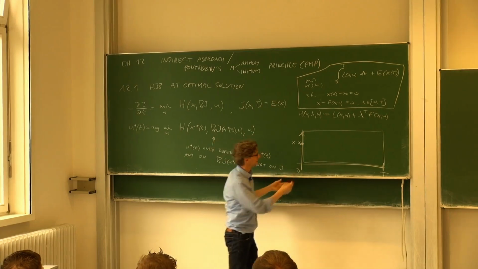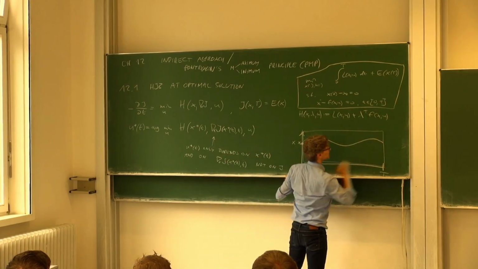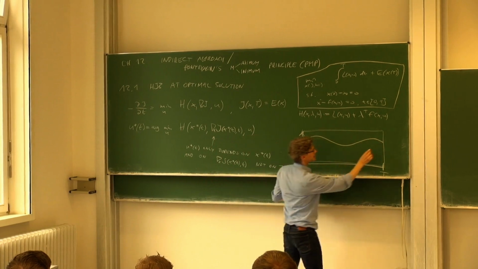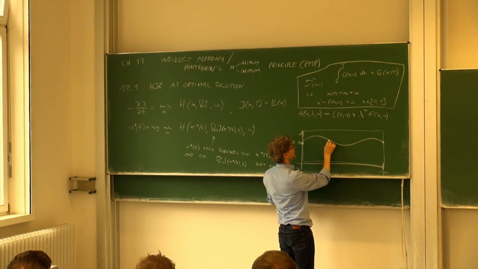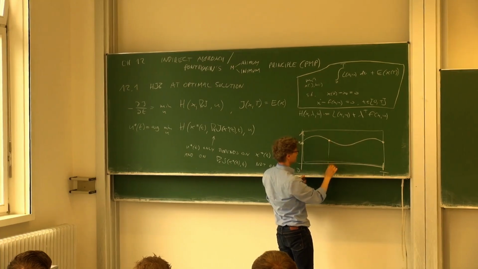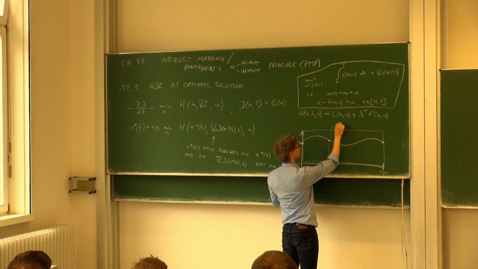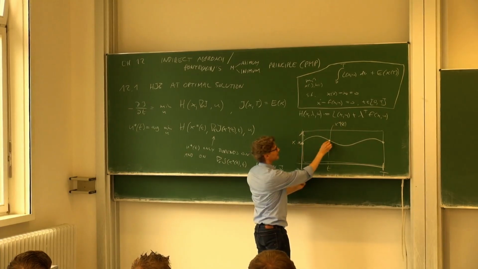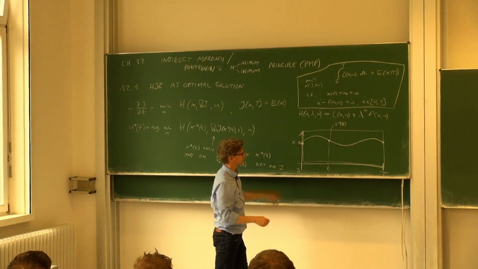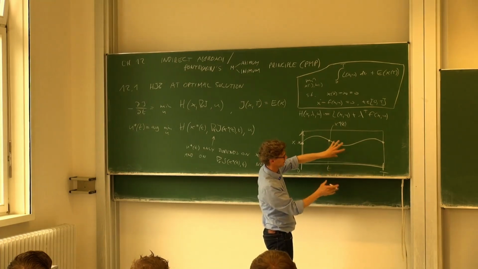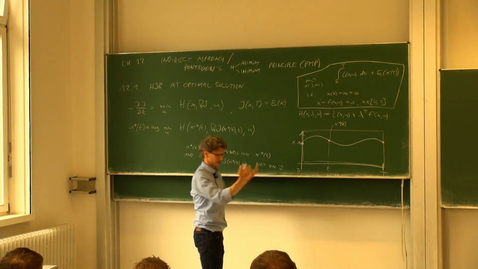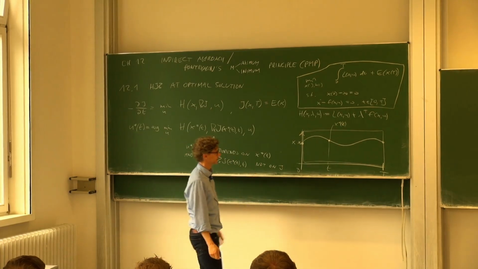There will be an optimal solution somewhere in this whole thing. And along this optimal solution, if this is a value t, then the value here is x star of t, right? And at this value you will also have a gradient of the cost-to-go. Cost-to-go is too difficult to plot into this whole landscape, because I cannot do three-dimensional graphs so easily.